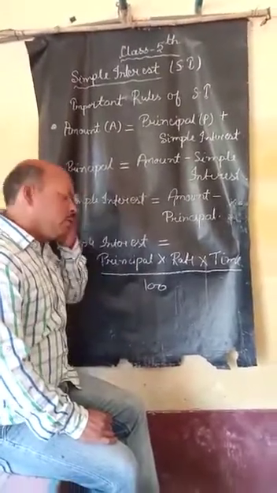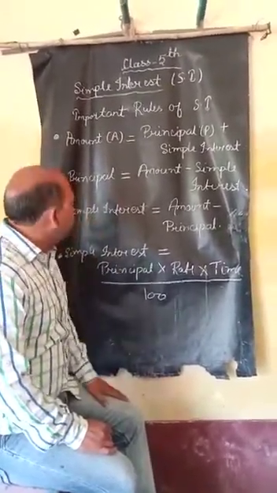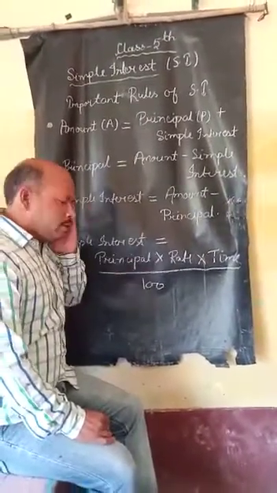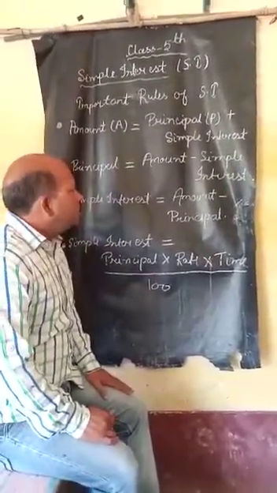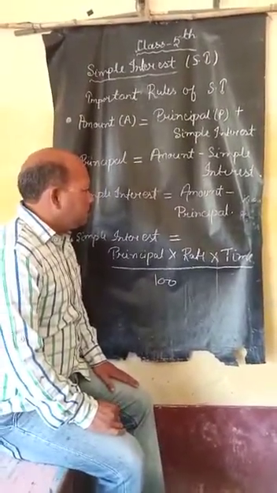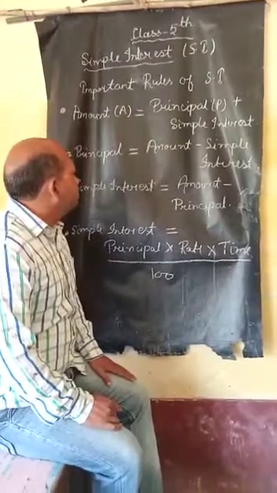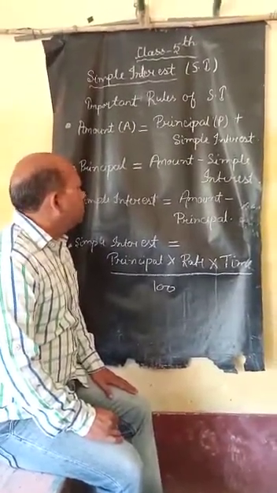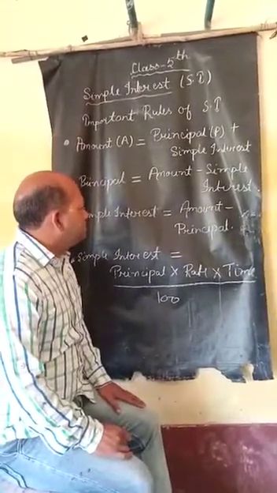If we know our principal amount, and the amount returned after some time is given, then we subtract the simple interest and we can find our principal. Principal equals amount minus simple interest.